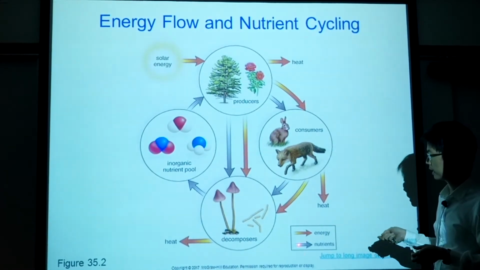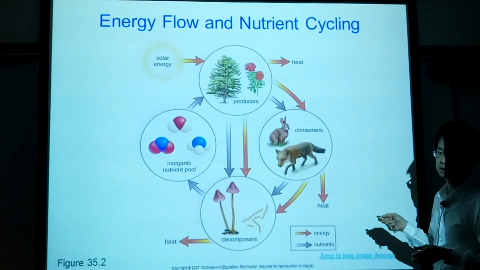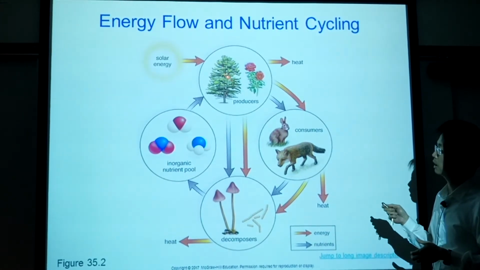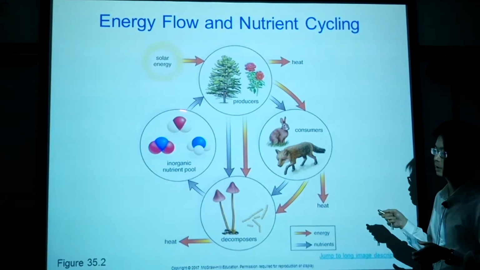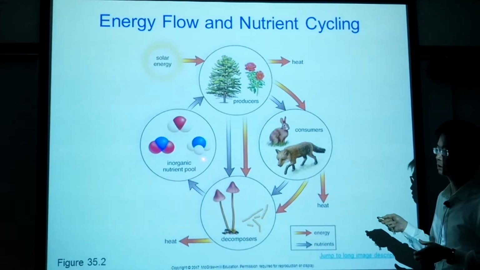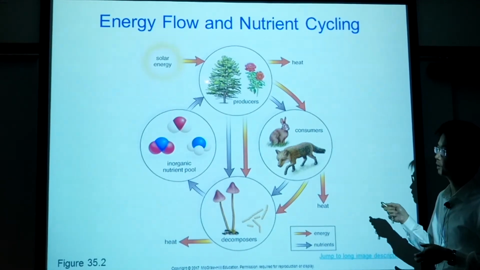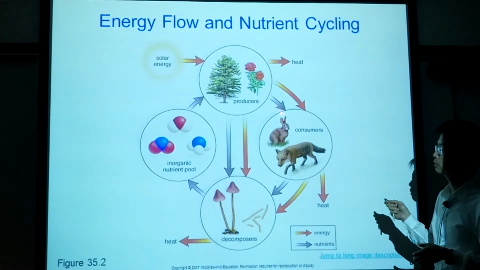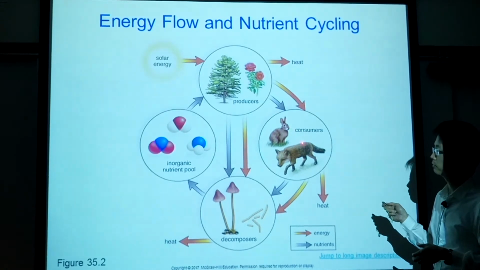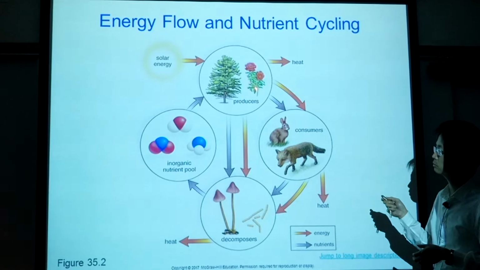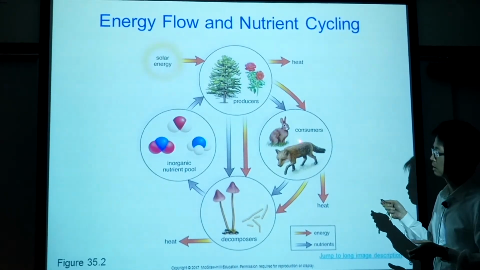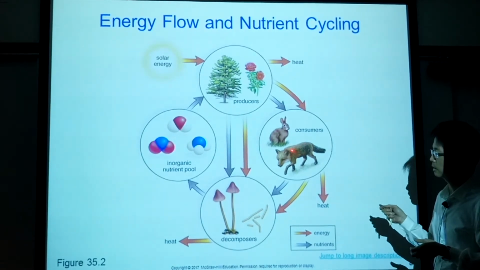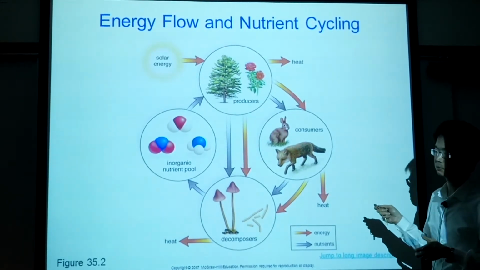So the gray arrow, the nutrient or chemical cycling, is that after the producer absorbs this inorganic nutrient in the nutrient pool of the environment, it can produce food for the animals, so that after the consumer eats the producer, they will take the nutrients directly from the producer to support their body, to build their own polymer, basically.